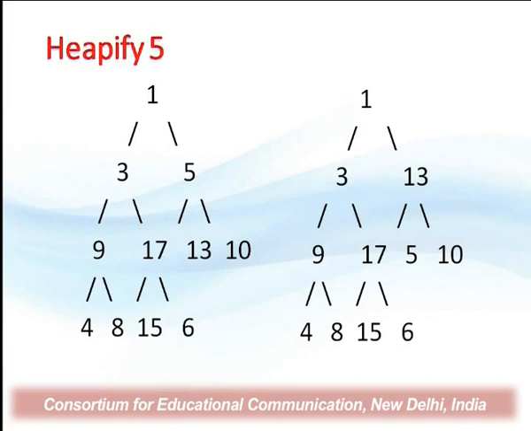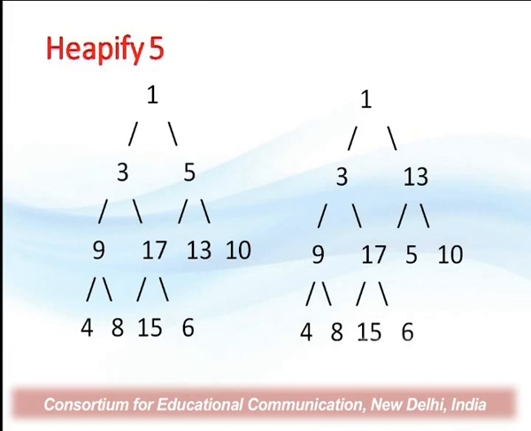That means we are not going from left to right, we are going from right to left. So now we need to heapify 5. 5 has 13 and 10 as its left and right children. 13 is the maximum, so 13 is going to take the position of the root of this subtree. So we have heapified node 5 without disturbing any other heap property.